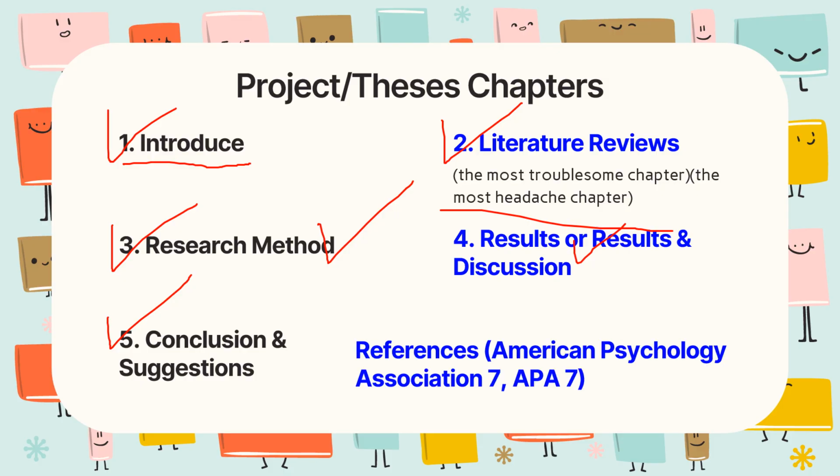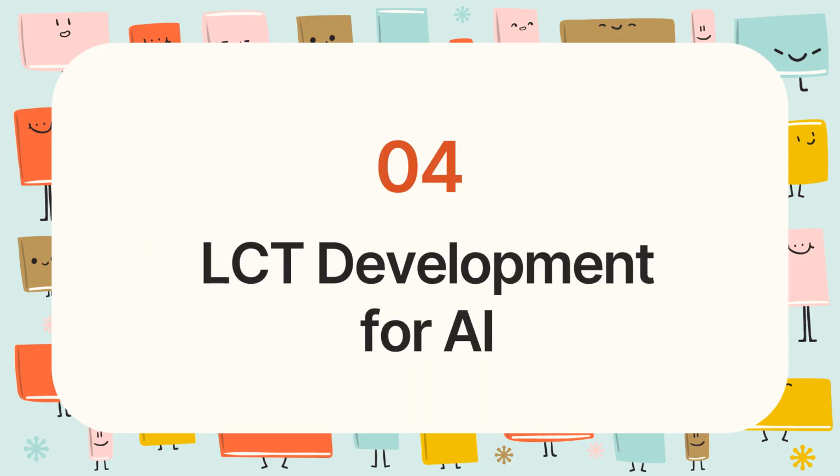And also the references, which some call chapter 6, but there is no chapter number for that, just call it the references. Like I say, above 80% use APA. Right now the version is number 7.